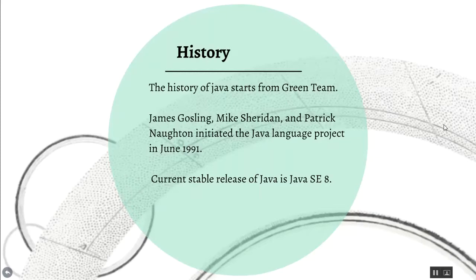James Gosling was the lead of that team, and he created the Java language with a team of Mike Sheridan and Patrick Naughton, etc. in June 1991. The current stable version of Java is Java 8. There are many different versions which were previously released by Sun Microsystems.